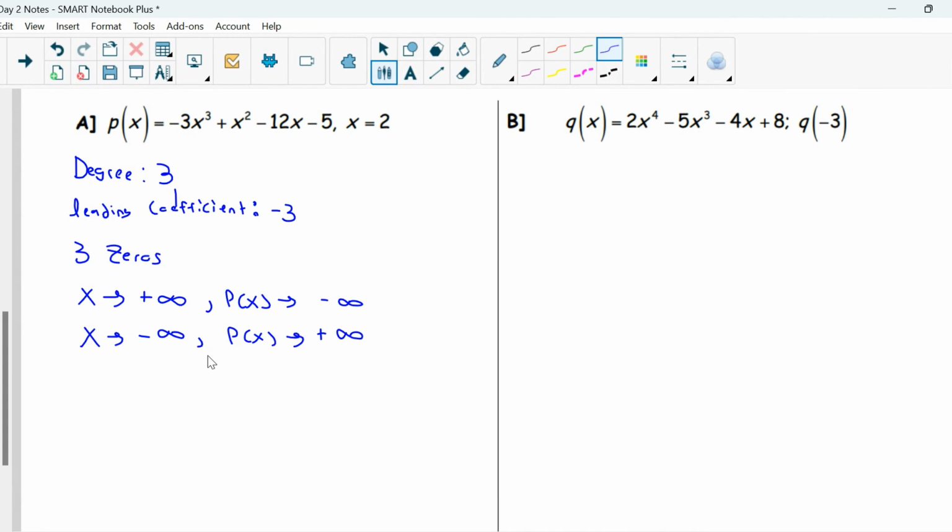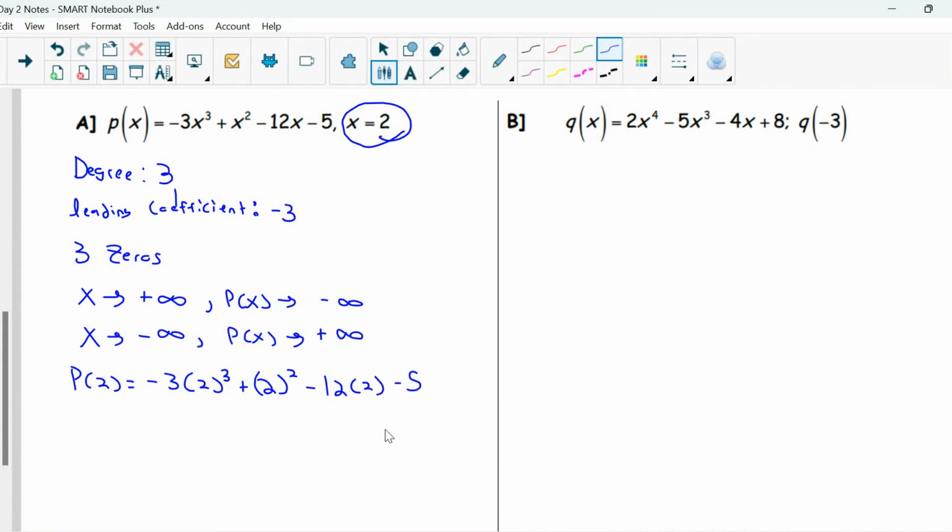All right, the final thing we need to do here is evaluate our polynomial with the given x value, which in this case is x equals positive 2. So we have p of positive 2 equals -3 times positive 2 cubed, plus 2 squared minus 12 times 2 minus 5.